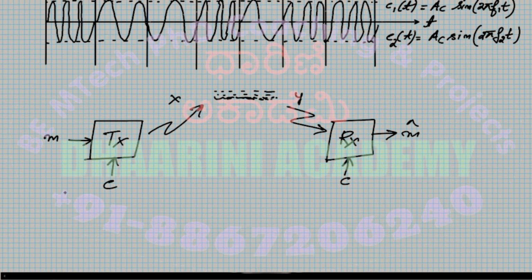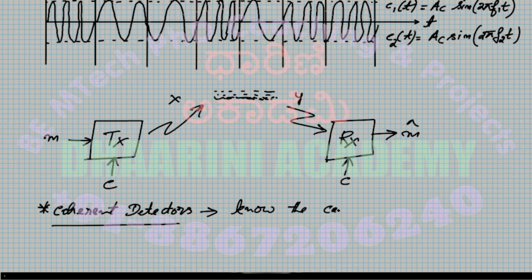Let me write that first: coherent detectors or demodulators know the carrier used in the TX, the transmitter. Which means directly you can use C and do the calculation because it always knows about that.